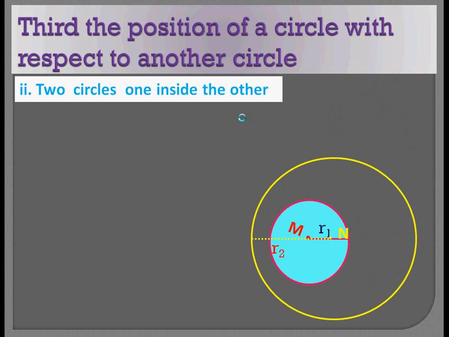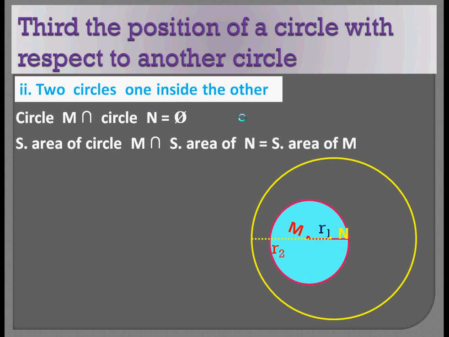If I have a circle M and a circle N, as you see, circle M is inside circle N. The radius of circle N is R2 and the radius of circle M is R1. I have the two radii. The intersection between the two circles is phi, but the intersection between their surfaces is the smaller circle M.